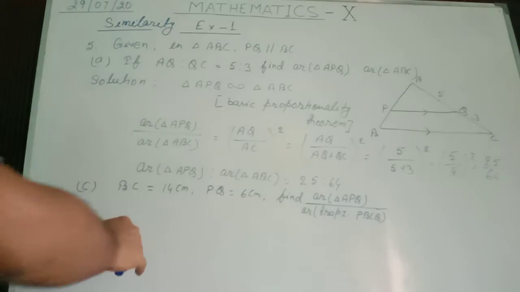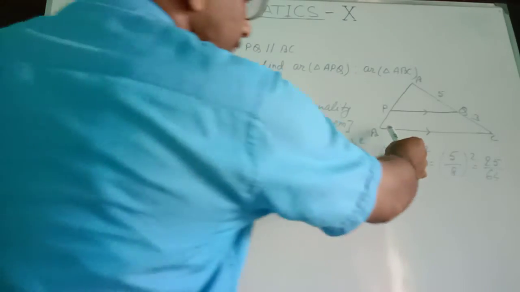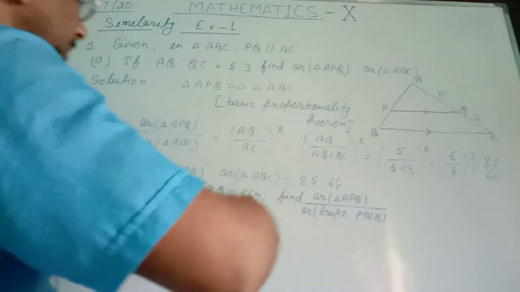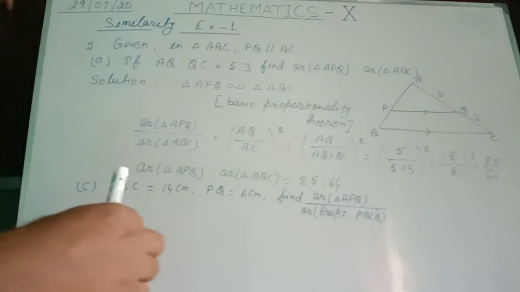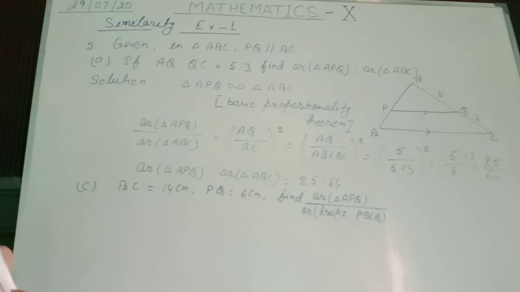In question number C, BC equal to 14 centimeter. This is given, 14 centimeter. PQ equal to 6 centimeter. We are asked to find area of triangle APQ by area of trapezium PBCQ.